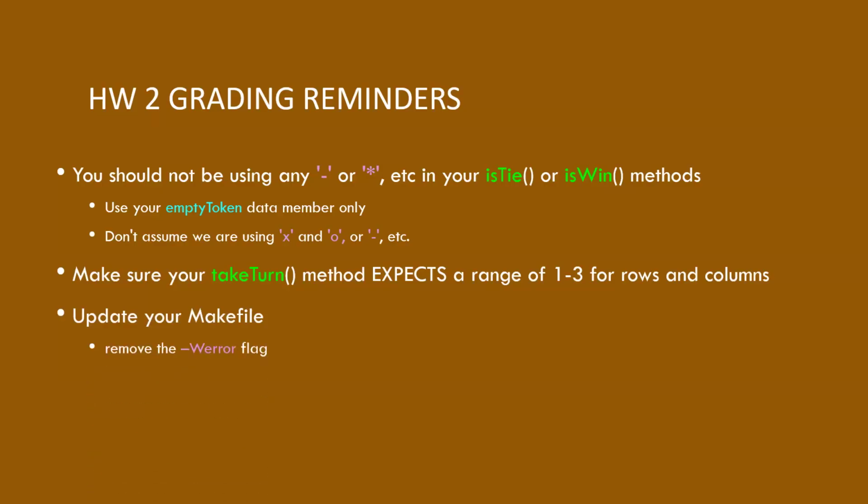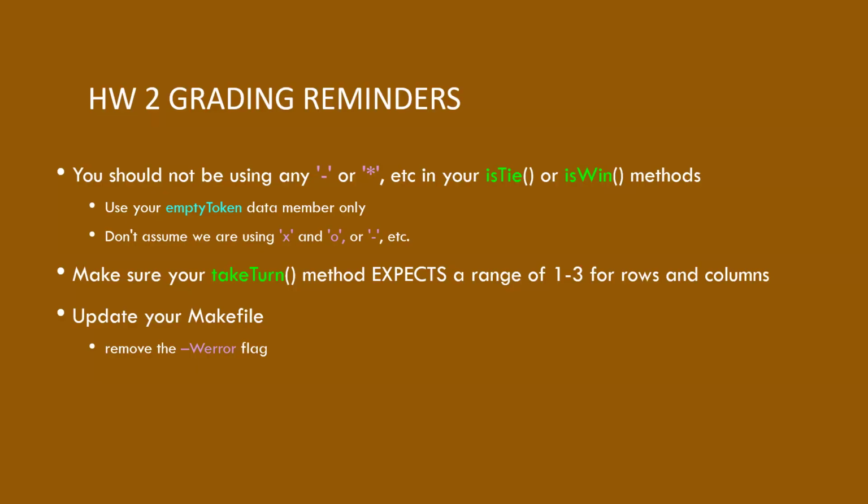Now, many of you are not having to use a makefile, but if you're really annoyed with this W error flag that keeps forcing you to use all your variables, you can edit the makefile in Replit and remove that W error flag, and those little warnings will go away.